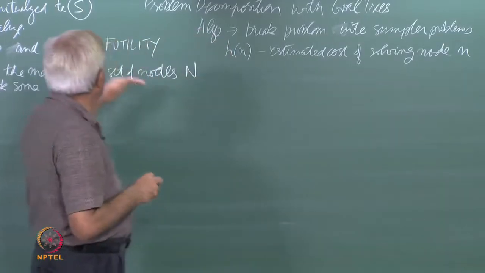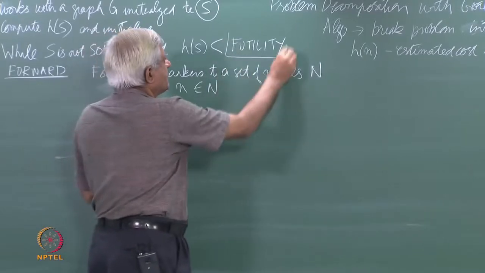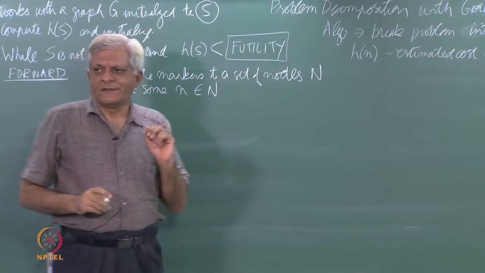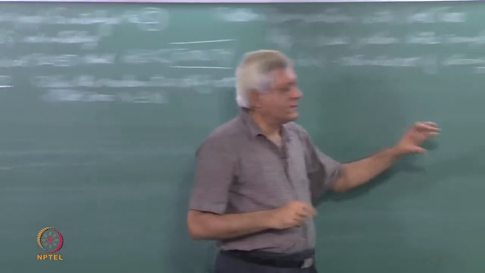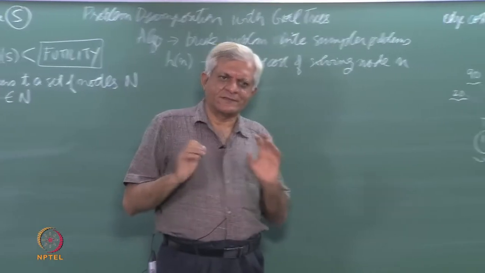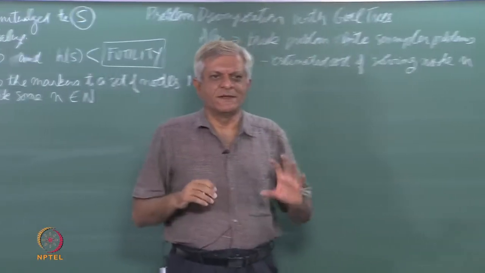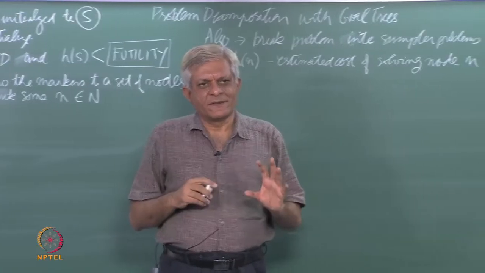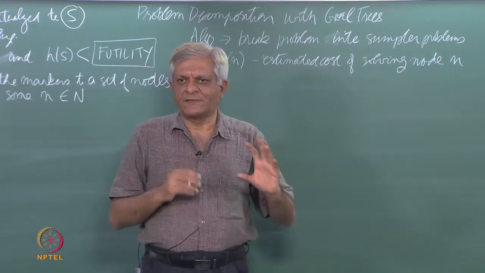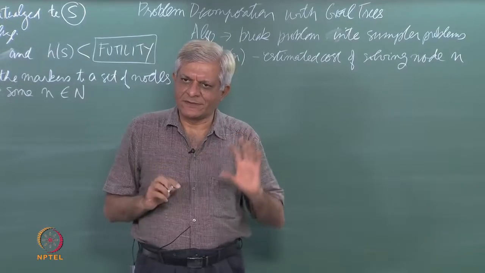Or if you keep in mind the fact that we have some bound on the cost of the solution that we are looking for. So, if you have to do two things anyway and your success depends on doing both, and if one of them is harder, then you should see whether you can do that harder thing first, because then you have hope of solving the easier thing later.